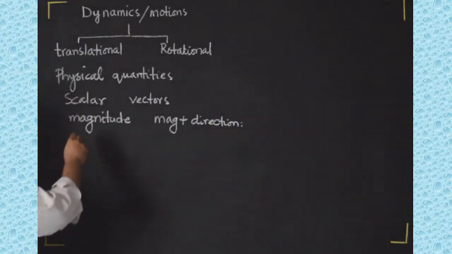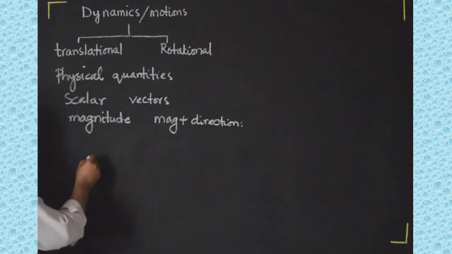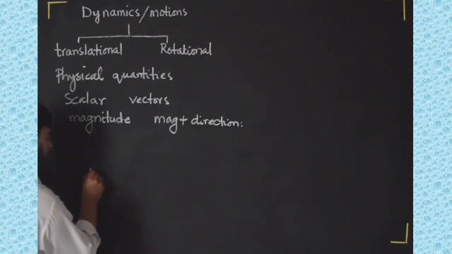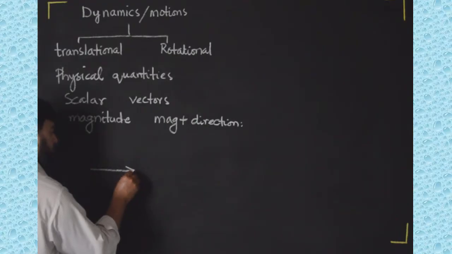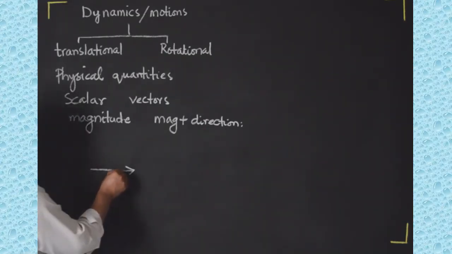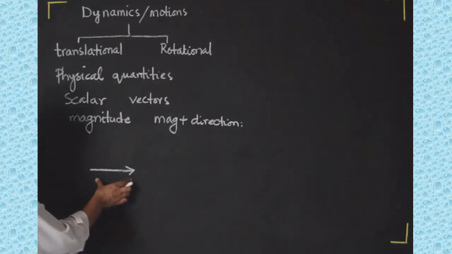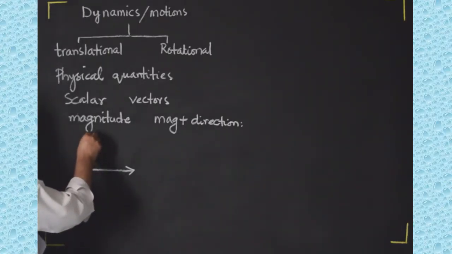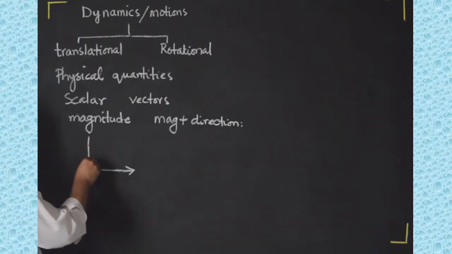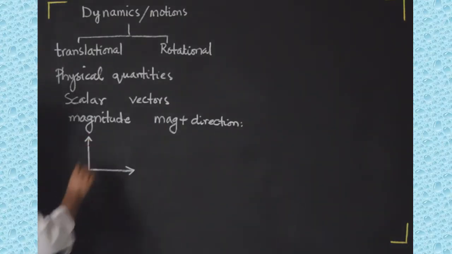So I will not discuss more about scalars and vectors, but consider that this is a vector. It may be any physical quantity. It may be a displacement, it may be a velocity or acceleration, but this is just a vector and it is like this. And there is another vector just above it, in this direction.